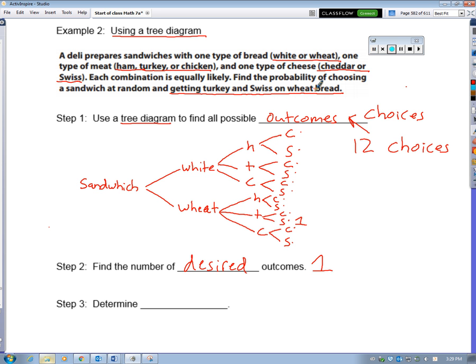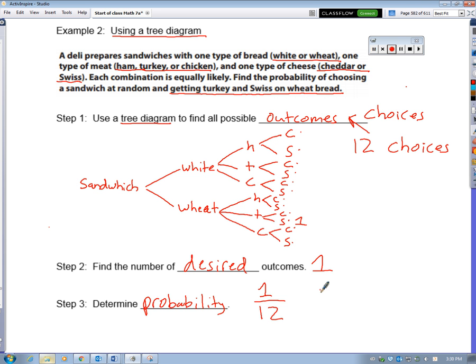So now we can determine the probability. For getting a sandwich with wheat bread, turkey, and Swiss, you have a 1 out of 12 possible choices for our probability.